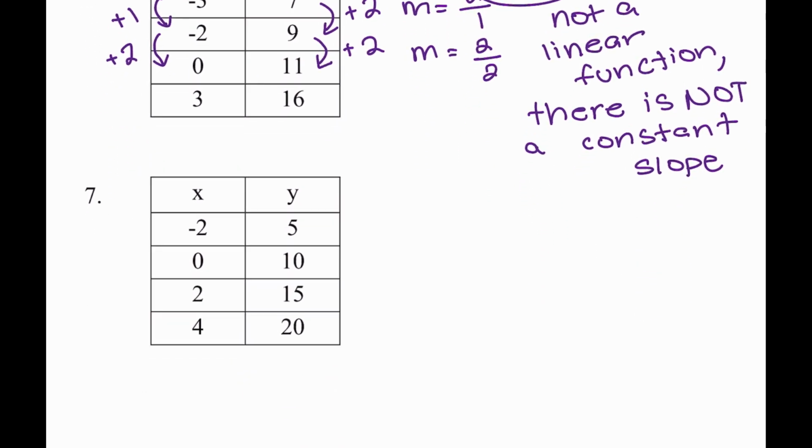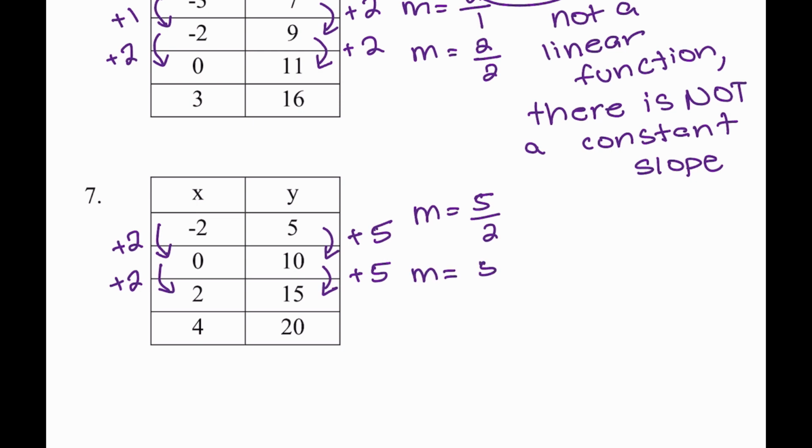For number 7, to go from 5 to 10, I add 5. And to go from -2 to 0, I add 2. So that is the slope, 5/2. To go from 10 to 15, I add 5. And from 0 to 2, I add 2. So that is the slope, 5/2.